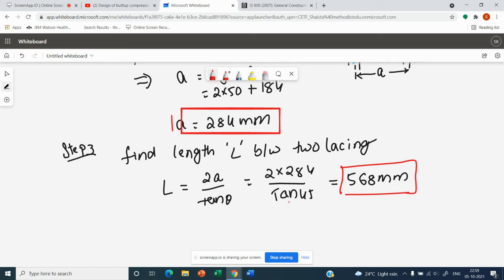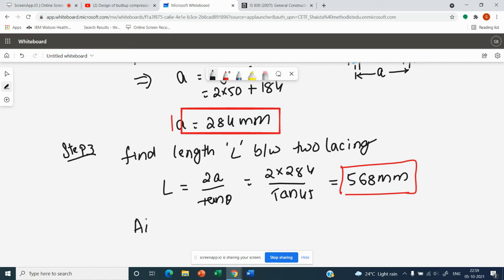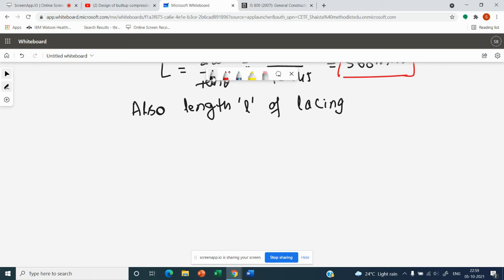Also, along with this, as you have seen in my steps video, we also have to find the length of the lacing bar. Length represented by small l of lacing bar. So the formula for that was A by sine theta. l is equal to A by sine theta. So A is 284 mm, just now we have calculated.